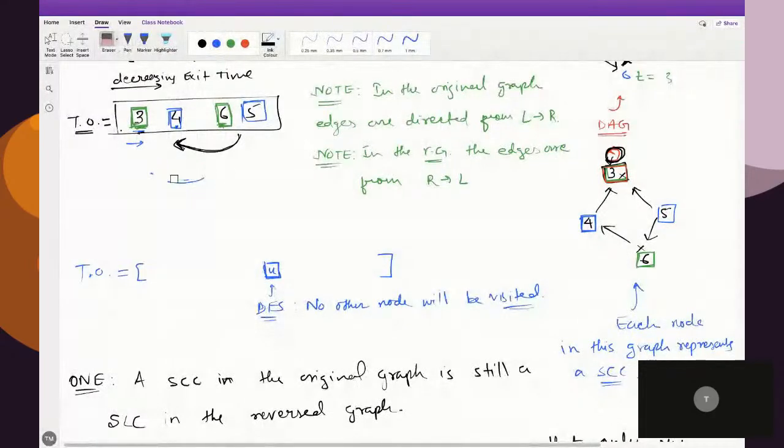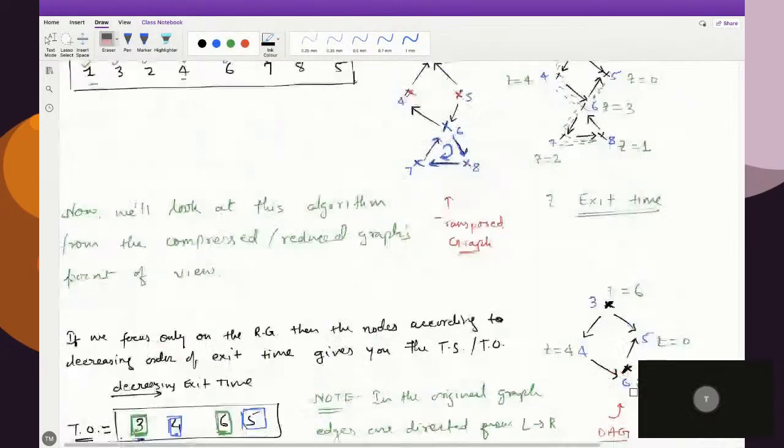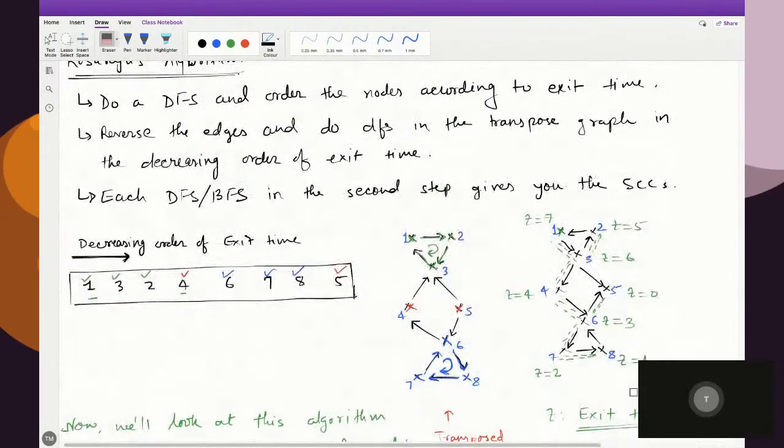Okay. If you do the DFS from, for example, say this were the original graph, and you do a DFS from node number 4, then it will visit 4, and it will also visit 6, and it will also visit 5, right?